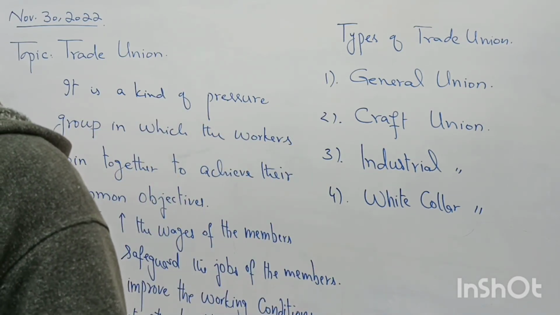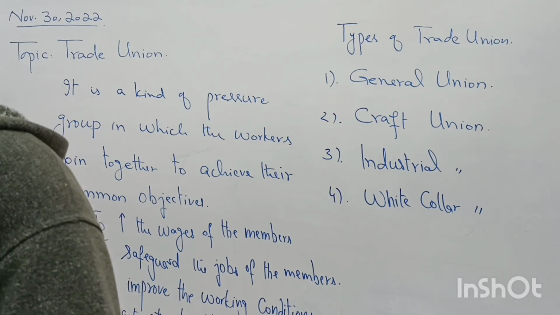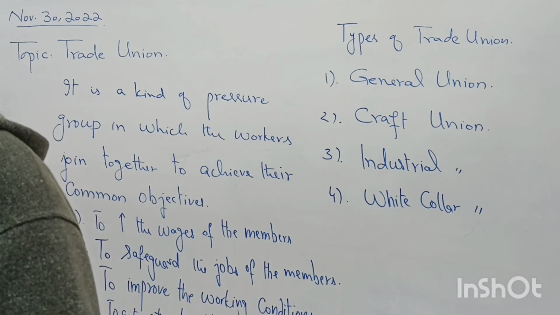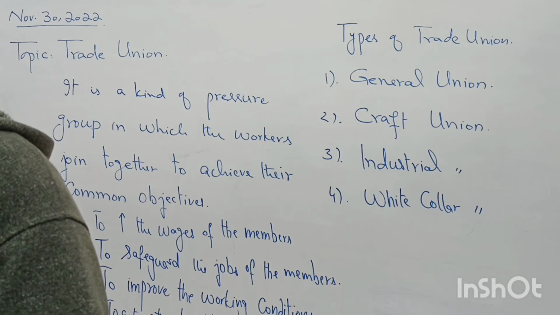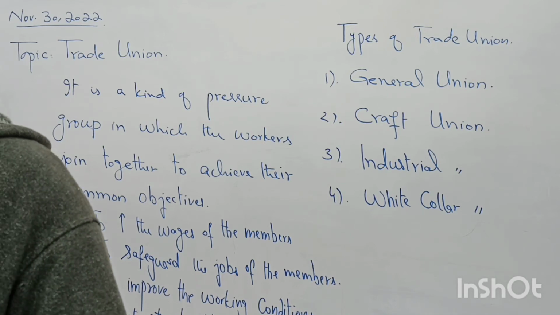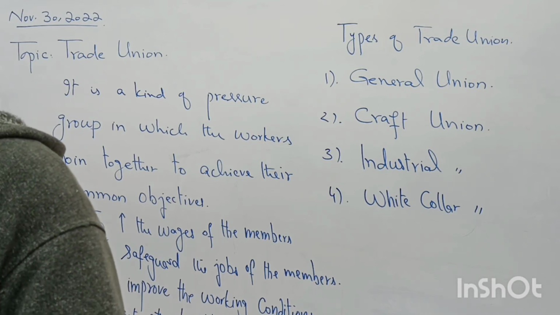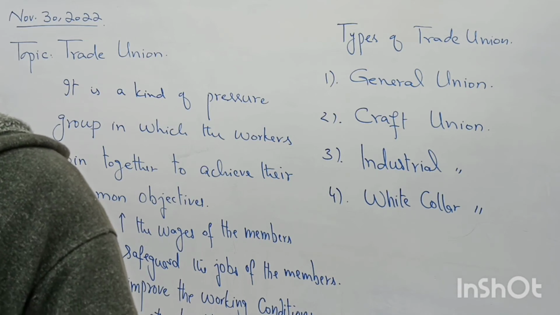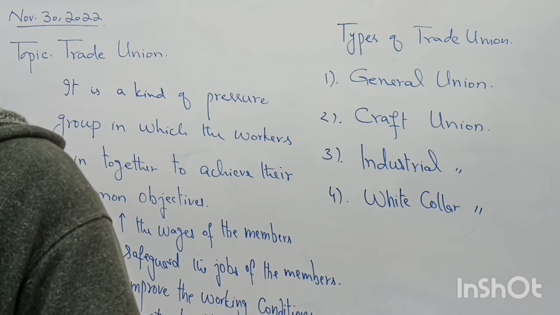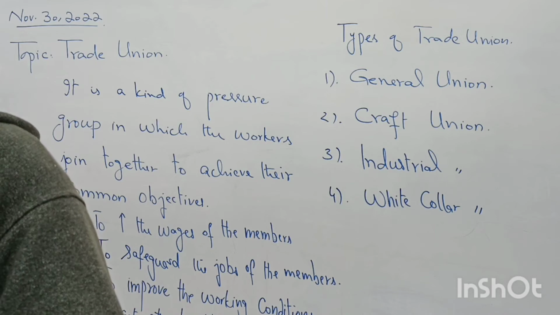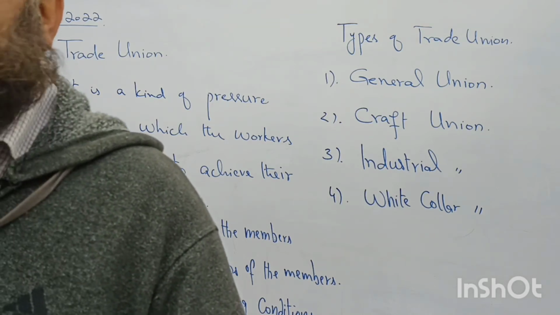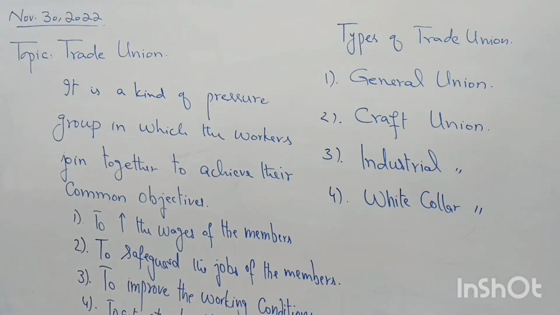So if collective bargaining fails, then industrial action of strike will take place by the workers. In case of strike, we can have the official strike which is announced to every worker, and unofficial strikes which are unannounced. Suddenly there is going to be a strike in the production unit.